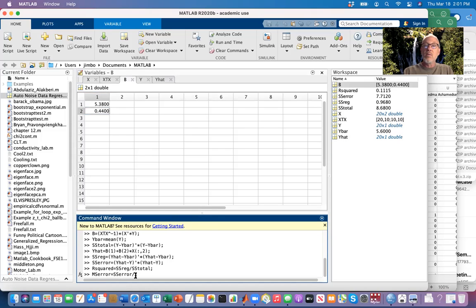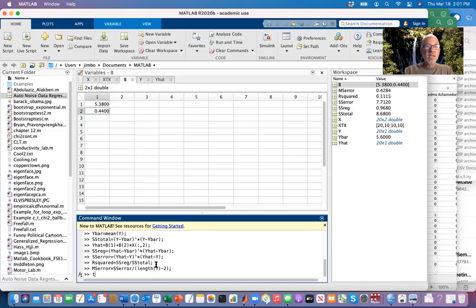The degrees of freedom are the number of pairs minus 2. So we have 20 pairs minus 2. So I've got length y minus 2. Okay. So I get the mean square error.